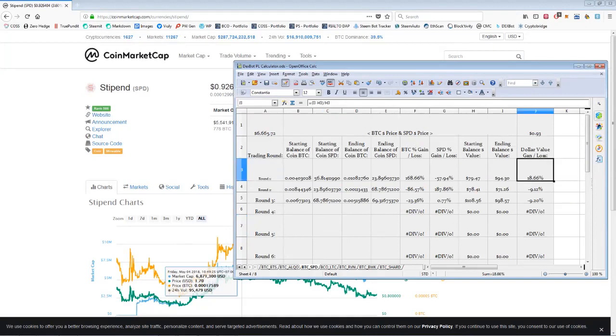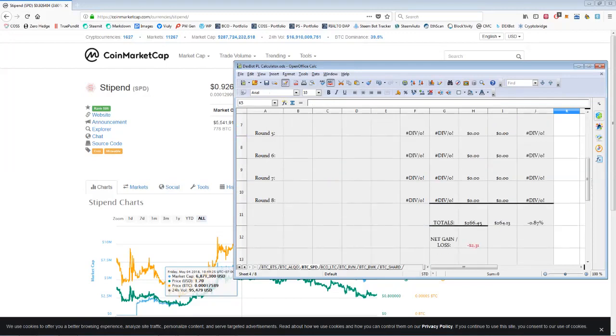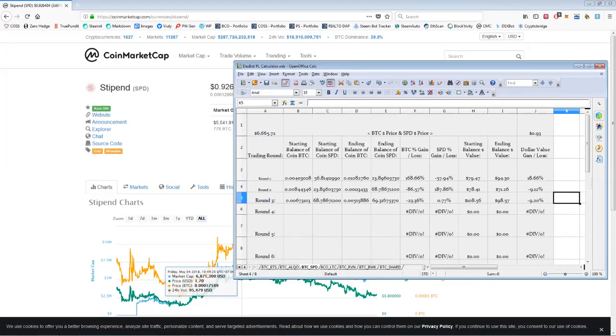Yeah, that would have been almost a 20% gain in one day. But my next two, I was heavy on the Bitcoin side, and then I transferred a lot of that to the Stipend side, and so I'm down 9% in both of them. Overall, down just about 1%.